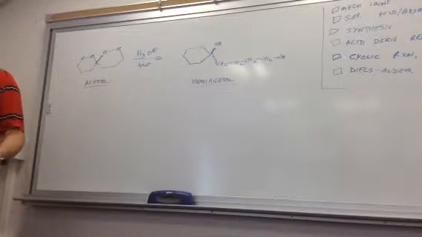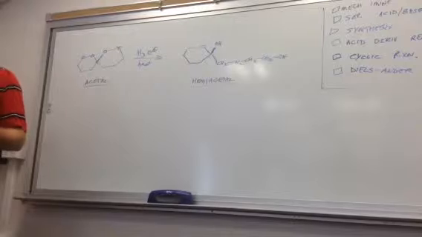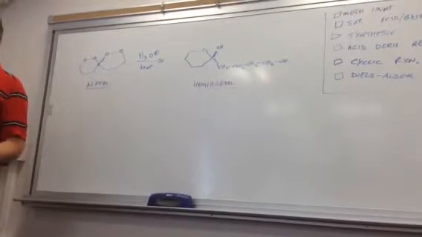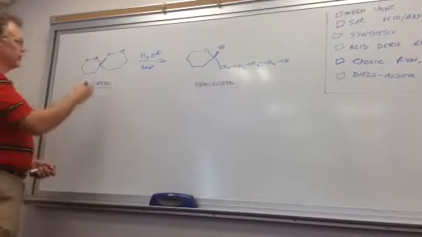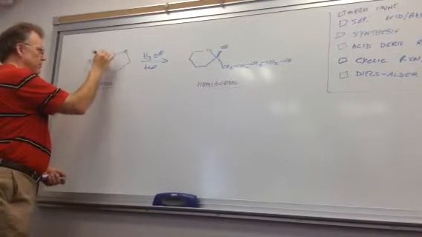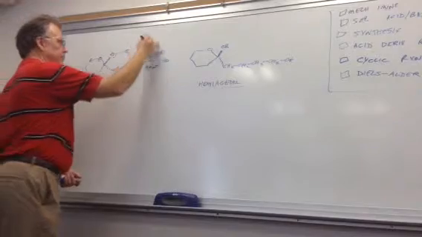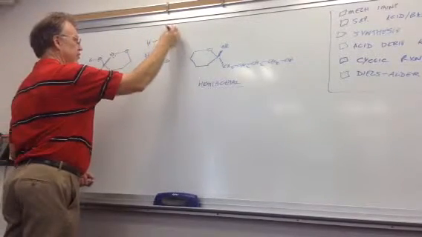Okay? So I'd encourage you on a problem like this, draw in all your lone pairs, draw out the structure of H3O+, so you can actually do some electron pushing with it. So we can put lone pairs here, here. Here's H3O+.